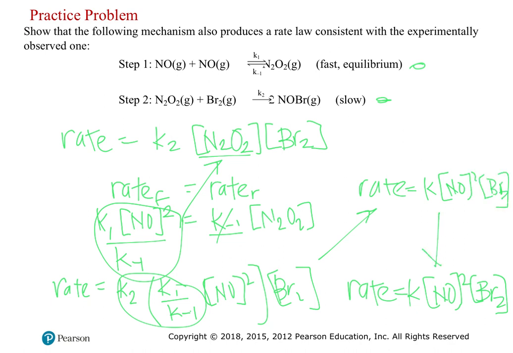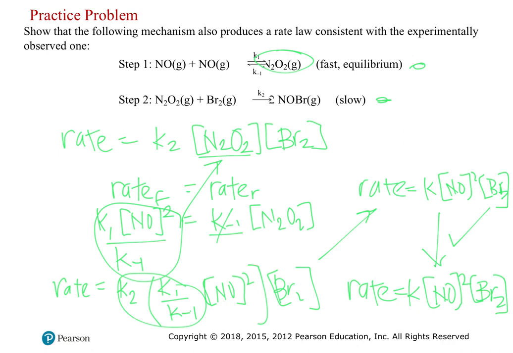This does align with the experimental rate law, so this mechanism is consistent with the experimental results. Notice we've already done a separate mechanism, so this one could also work. Another thing that could be done is check to see if this intermediate can be isolated, so if they could determine whether the intermediate was this one versus the other intermediate, the NOBr2, that would help us to know which mechanism is actually really happening.